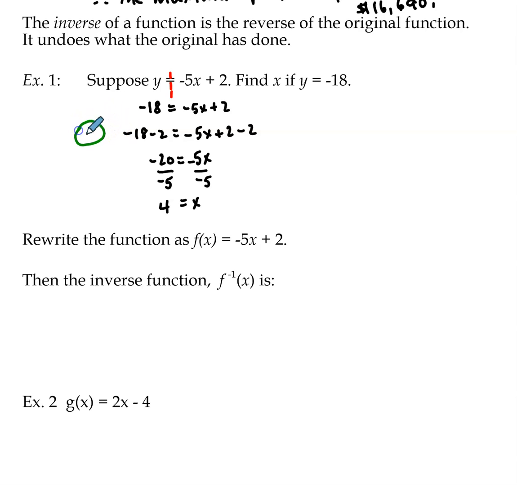So if I analyze the operation steps that I took to isolate my x, I notice that I subtracted 2 from both sides, and then I divided by negative 5. I don't like the way that turned out. Sorry, I'm really having a notation problem here.